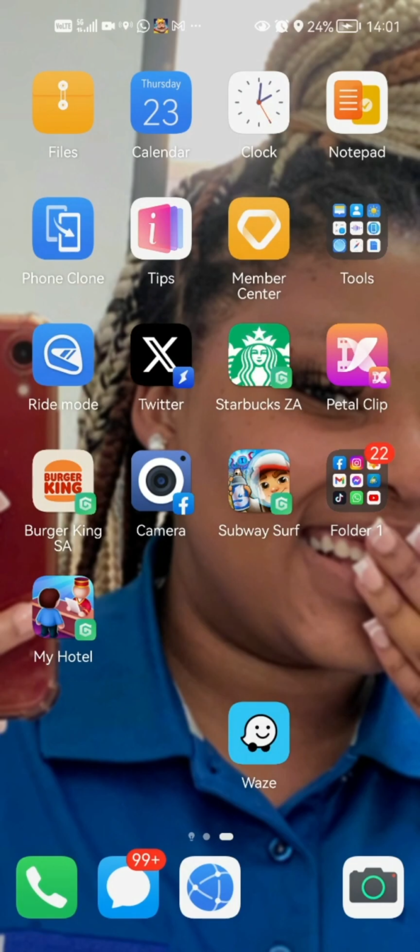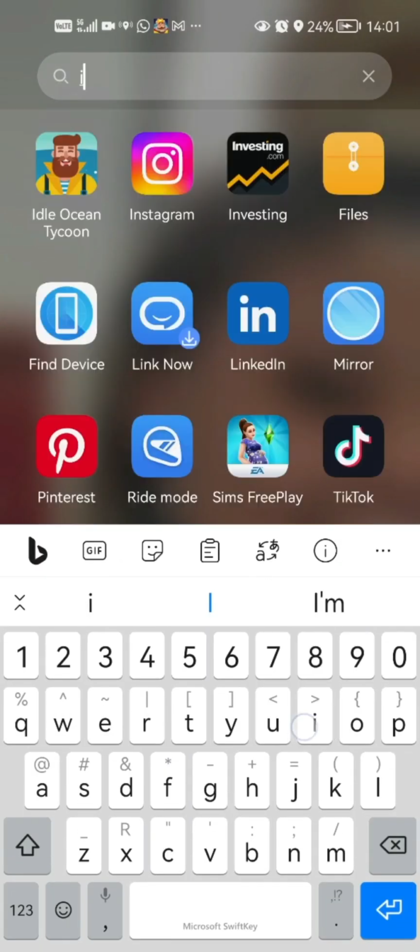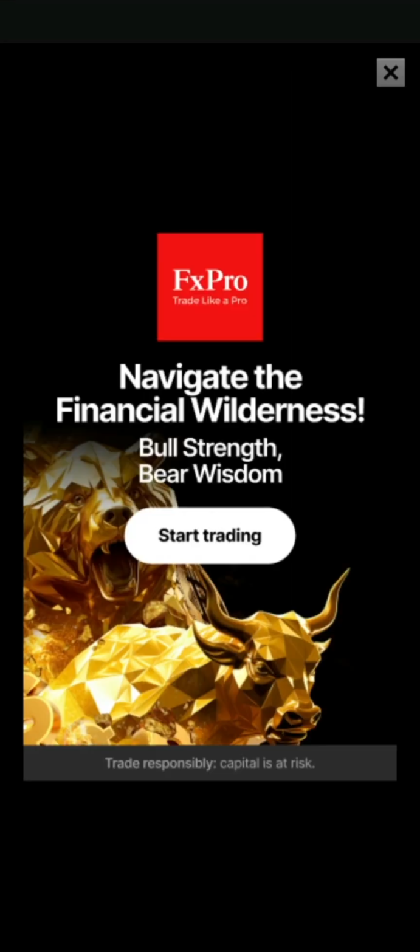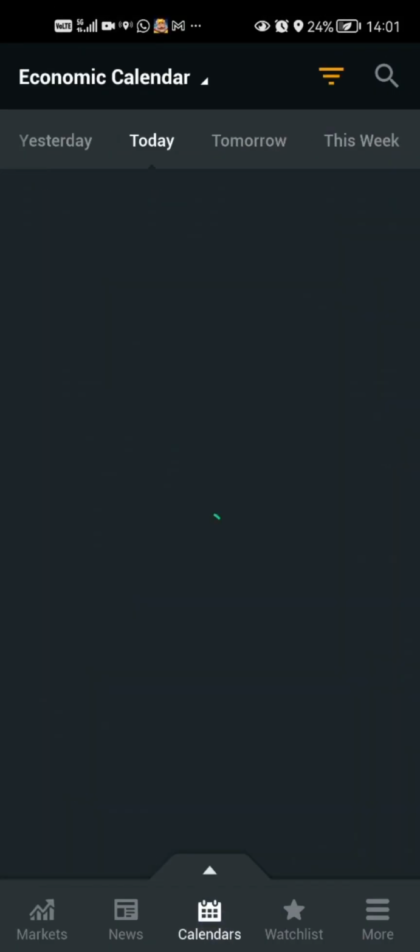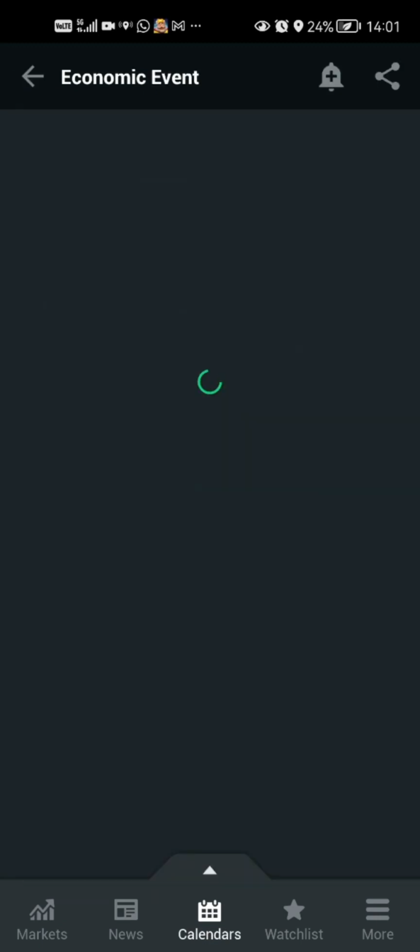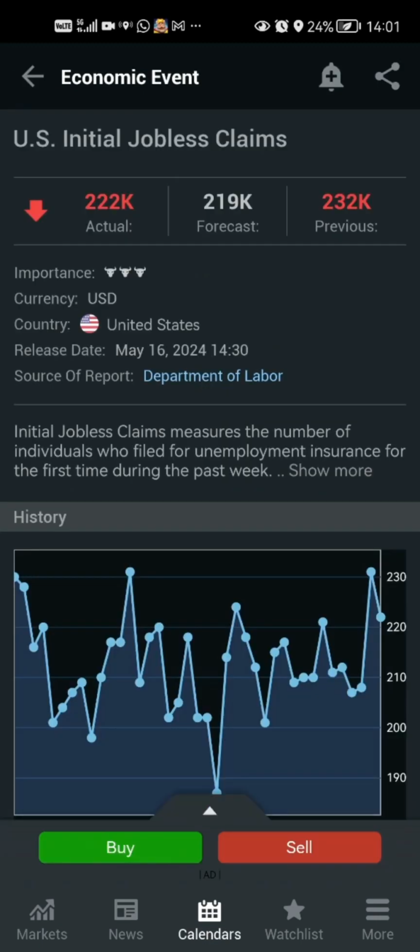Currently there's news on investing.com. When I look at the calendar, I see there's news at 2:30.